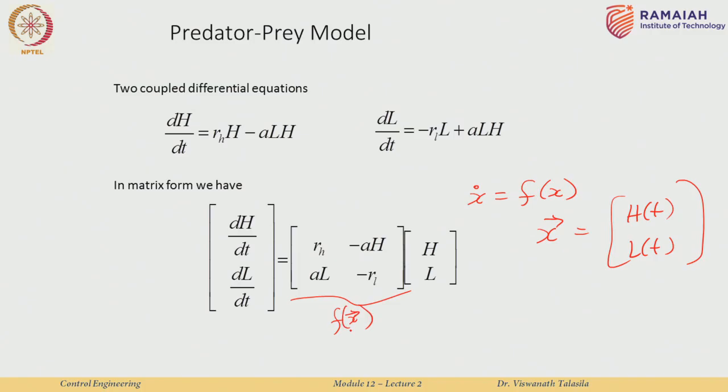Okay, very good. So, what we have done so far is to capture and write down the nonlinear dynamics of the predator prey problem, right. That is the first step. Now, the second step would be to compute the equilibrium points and we go to the Jacobian and so on. So, let us see how we do that.